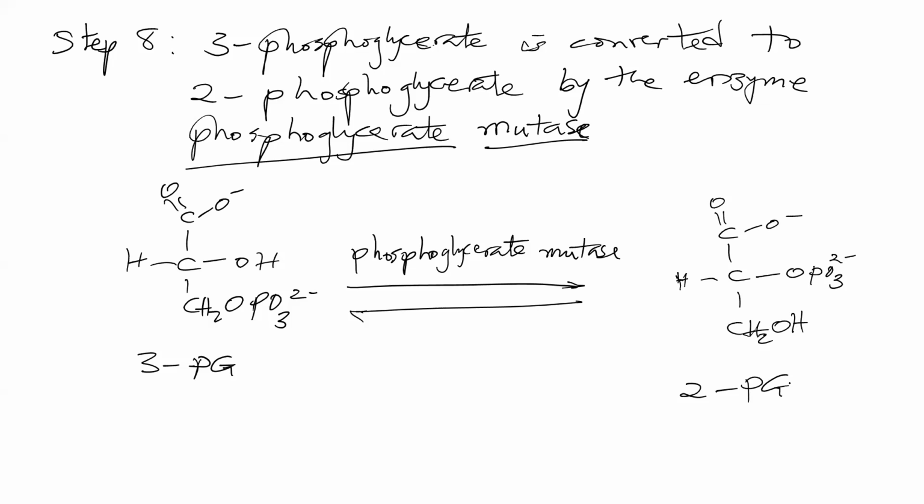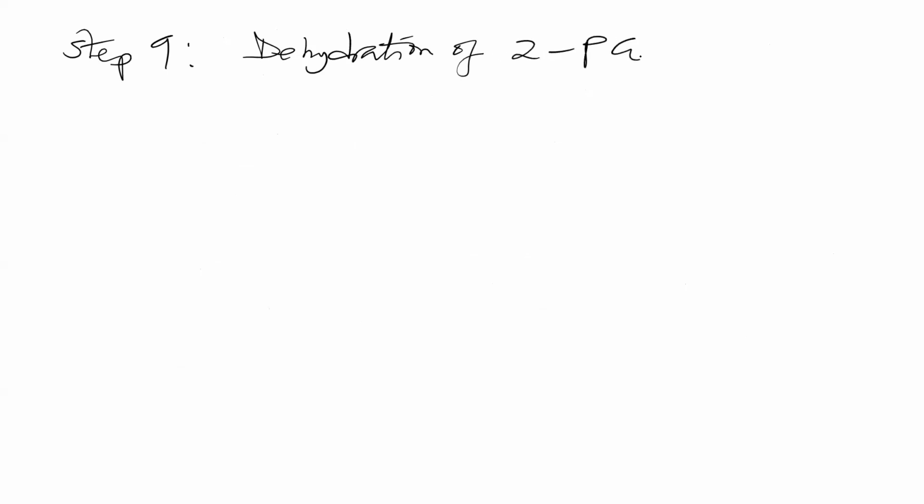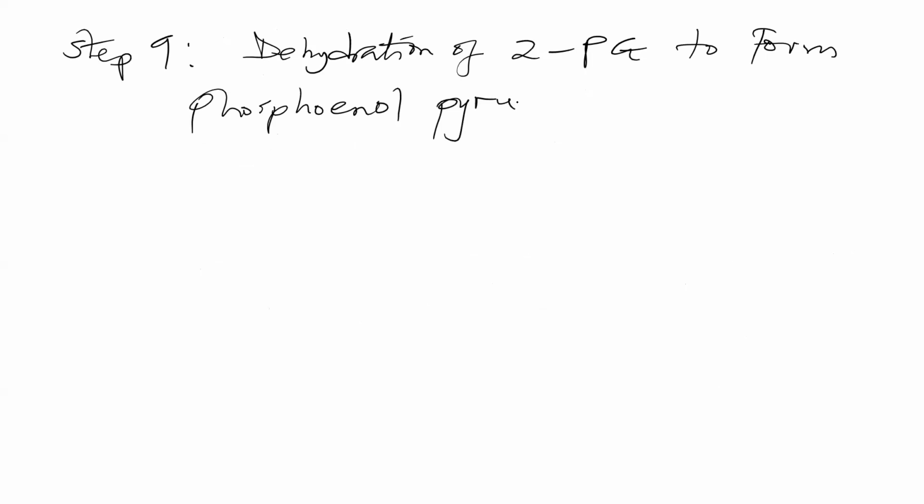Step number 9 is a dehydration reaction. So this is dehydration of 2-phosphoglycerate to form phosphoenolpyruvate, abbreviated as PEP.